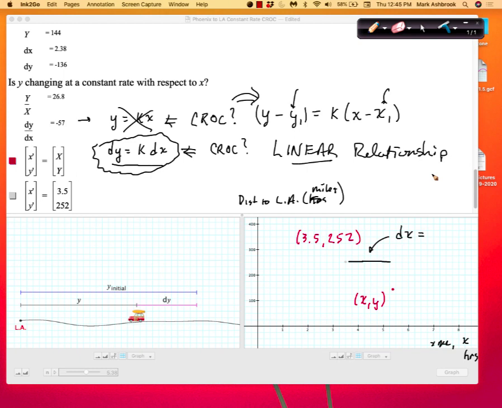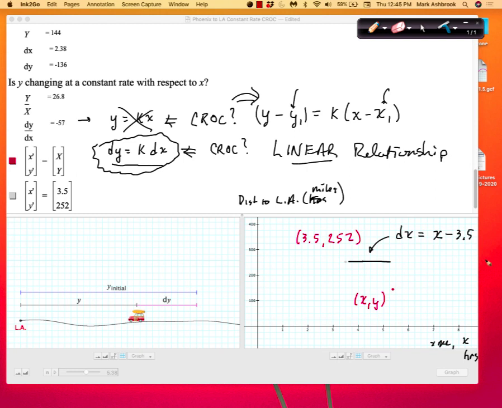You're saying 3.5 plus dx equals x, right? So then dx equals final minus initial: x minus 3.5. So we start with some variation in time starting from 3.5 hours, and that variation in time will be x minus 3.5 for some final new point.